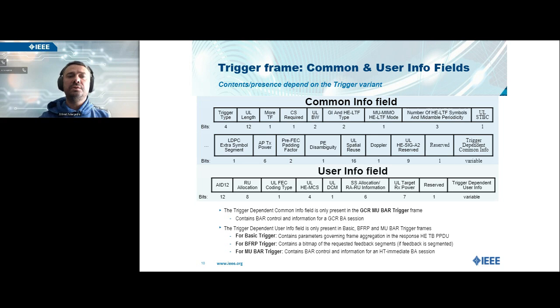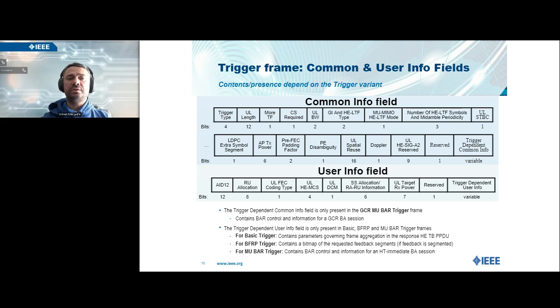So the trigger-dependent user info field is actually present in the basic, the BFRP, and the MU bar trigger frames. For the basic trigger frame, which we'll cover in a little more detail later, it contains parameters that govern the frame aggregation that is permitted in the response HE trigger-based PPDU.